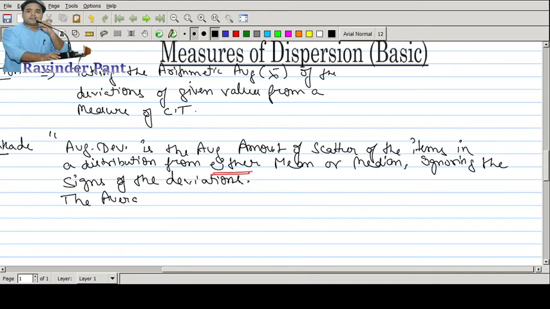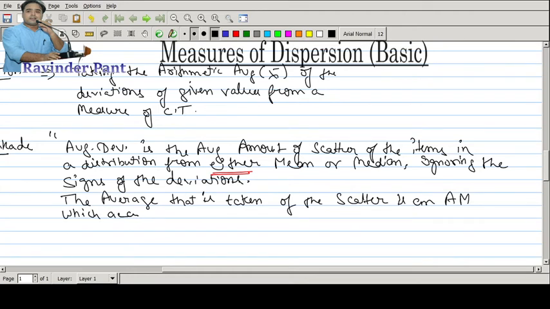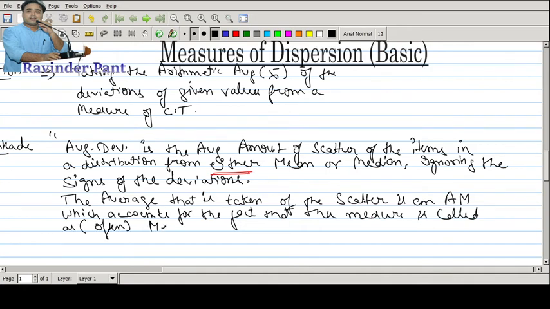The average that is taken of the scatter is an arithmetic mean, which accounts for the fact that this measure is often called mean deviation.